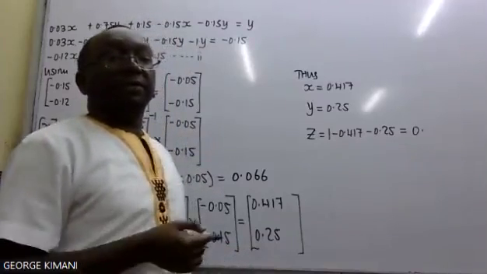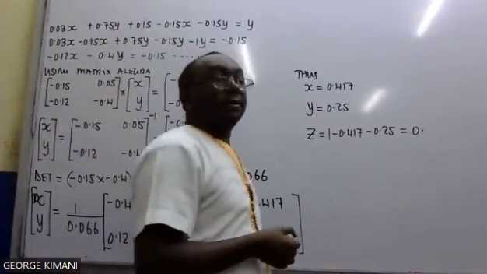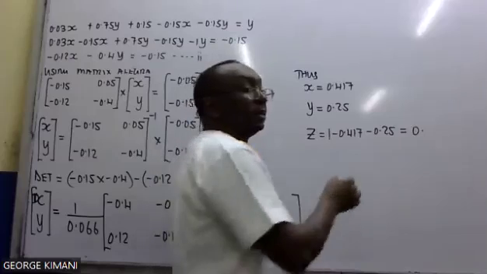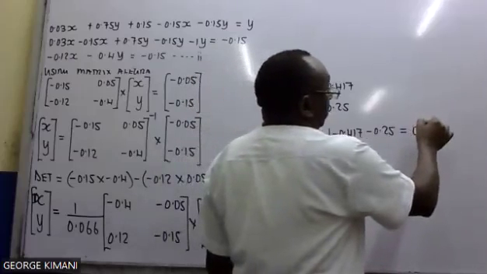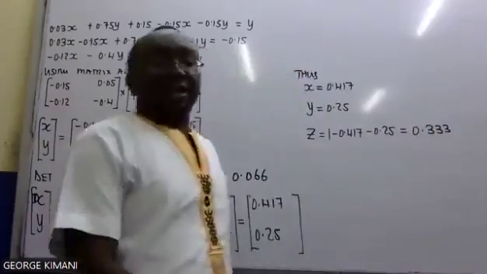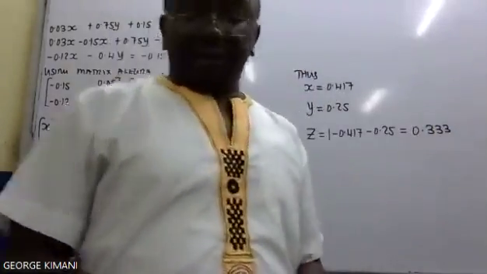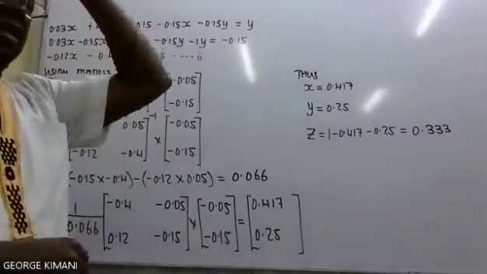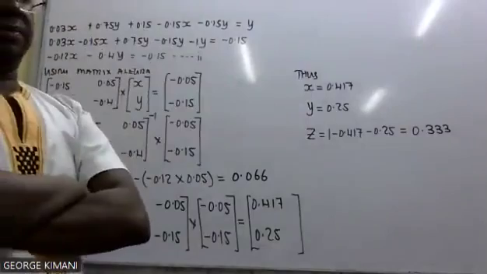You have different values. Okay. You could differ kidogo depending on how you have rounded. Yeah. But bora uhakikishe the 3 of them will finally go to 1.